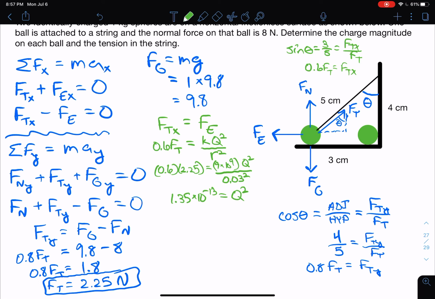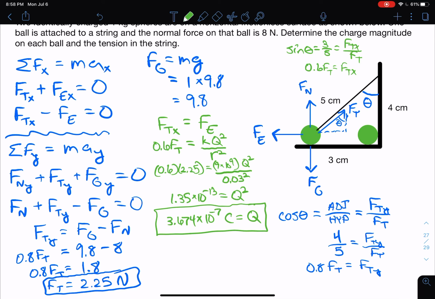And of course, take the square root. 3.674 times 10 to the negative 7th coulombs equals Q. And there you have it.